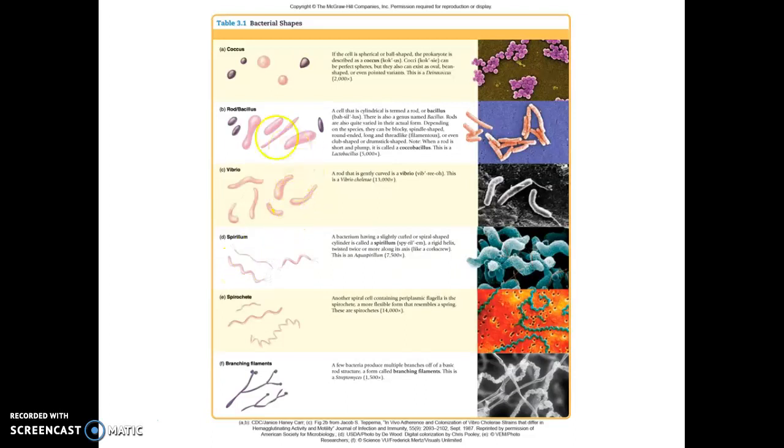They are different, even though they look very similar. Spirillum are going to be rigid. It's a very rigid helix, twisted twice or more along the axis, and it's very similar to a corkscrew. The spirochete, however, is more flexible, and it resembles a spring more so than a corkscrew.